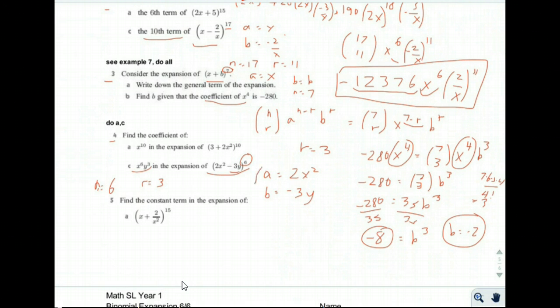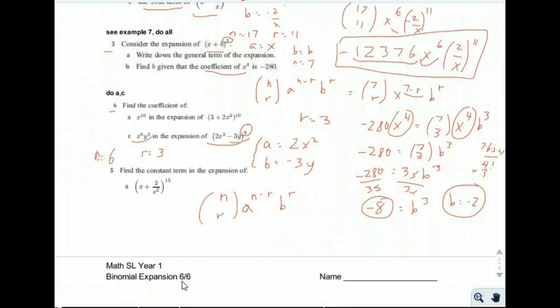Okay, and so if we were going to write the general term for this, we would write a to the n minus r, and then b to the r, right? And so n would be 6, r would be 3, a would be 2x squared to the n minus r, which would be 3. b would be negative 3y to the 3rd.